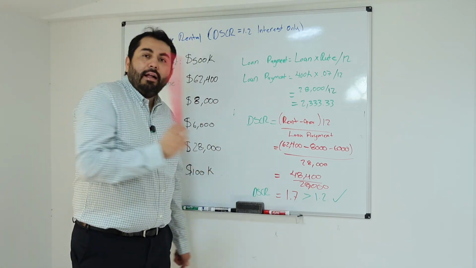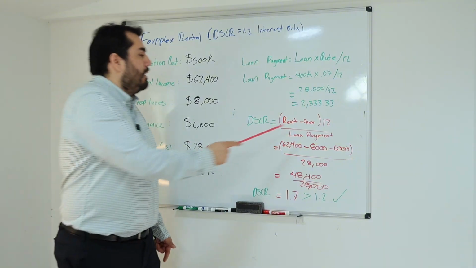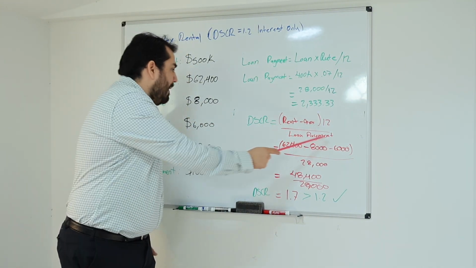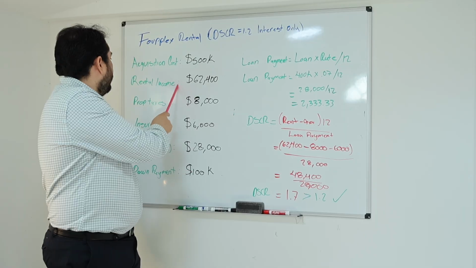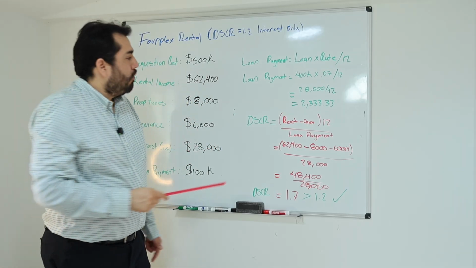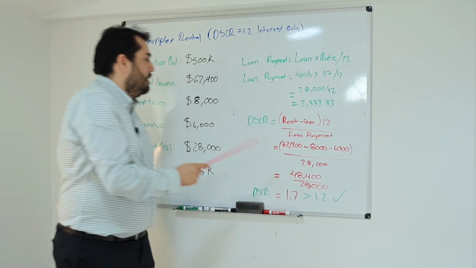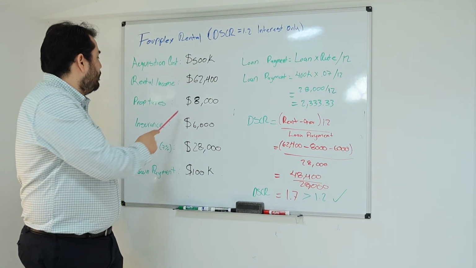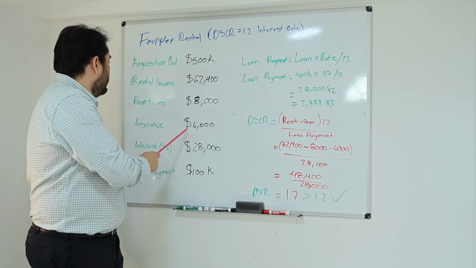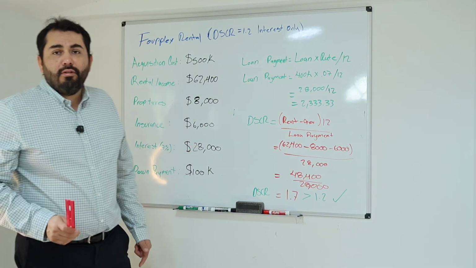So let's now calculate the DSCR of our loan. So we have the rent less the operating expenses, divided by the loan payment. For the rent, we have an annual income of $62,400, and we subtract the operating expenses, which will be the property taxes, $8,000, and the insurance cost, which will be $6,000.